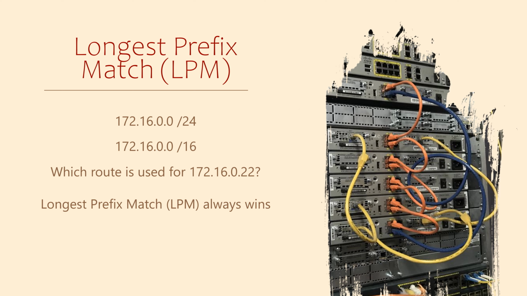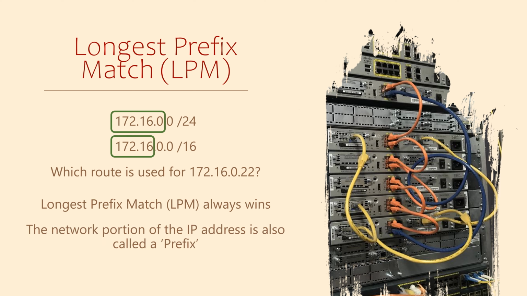To understand this, let's start with the term prefix. The prefix is another term for the network part of the IP address. As we discussed earlier, the subnet mask determines which part of the IP is the network part, so the length of the subnet mask determines the length of the prefix. In our examples, we have a 24-bit prefix and a 16-bit prefix. Which one's longer?